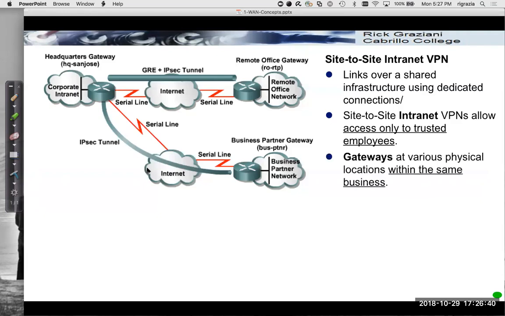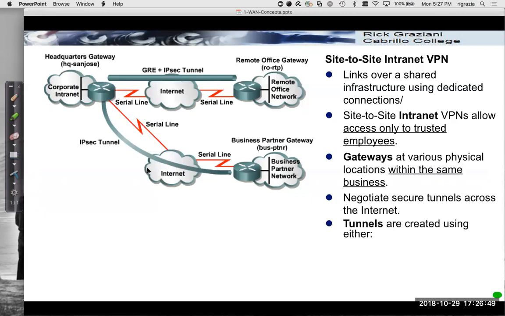The gateways, the routers at the sites, handle all the tunneling, encryption, and negotiation of the tunneling. I talked about how these tunnels can be done, but IPsec or IPsec with GRE are quite common. We'll introduce those more in later videos, and we'll go into a lot more on VPNs, IPsec, GRE, etc.